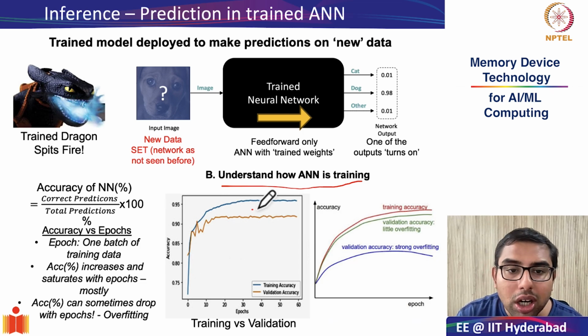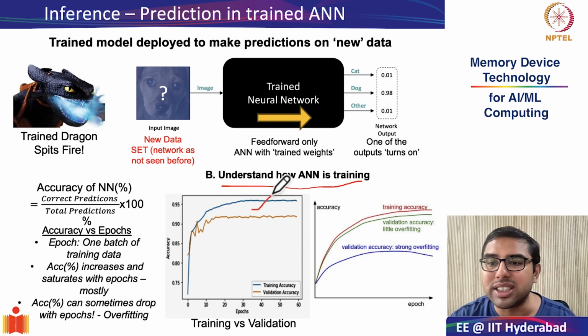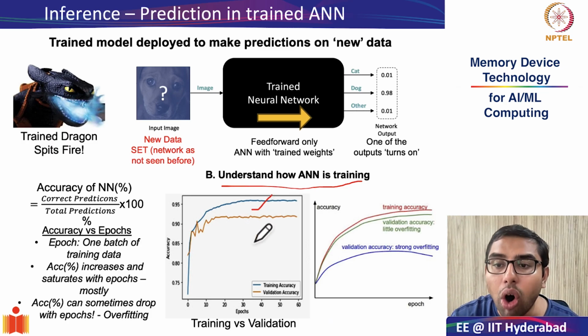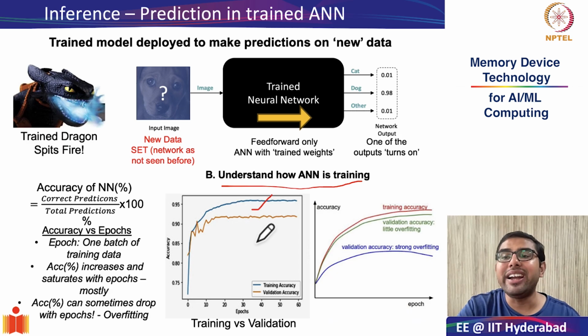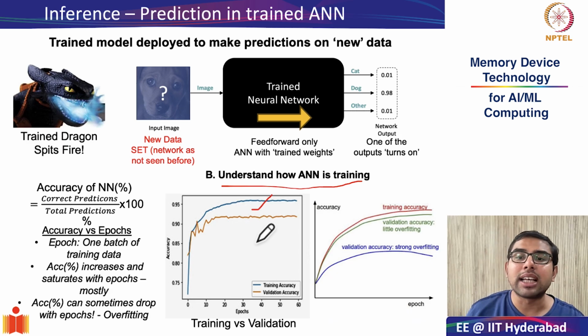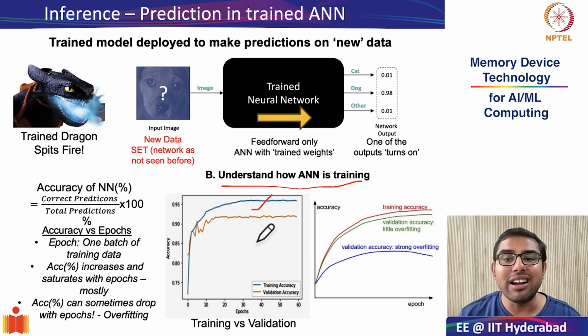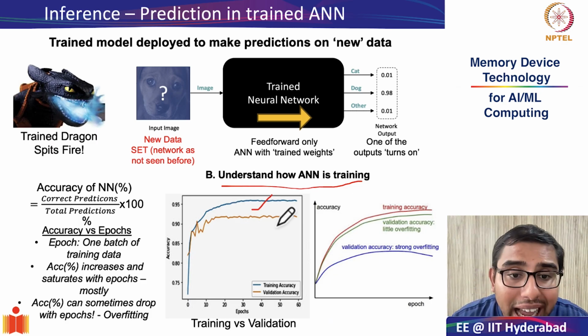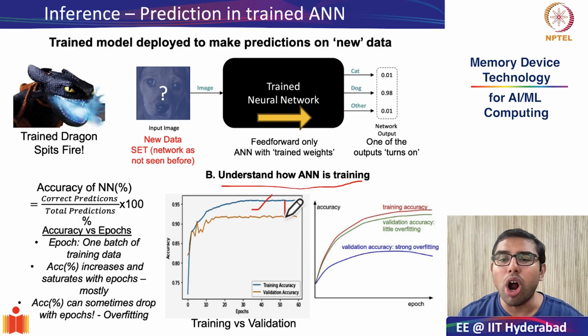The blue curve shows you the training accuracy, which is steadily increasing as the network fits the training data, whereas the orange curve shows the validation accuracy, which tells us how well the model generalizes to unseen data. Ideally, both of them should rise together and stabilize at a high value such that both are not very different from each other.